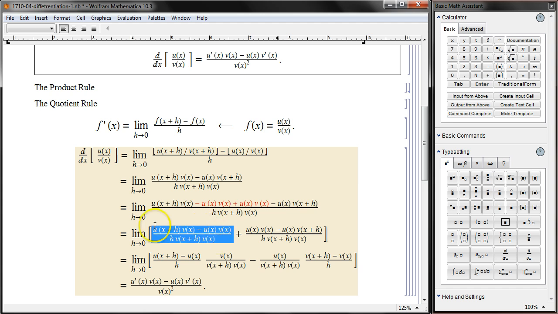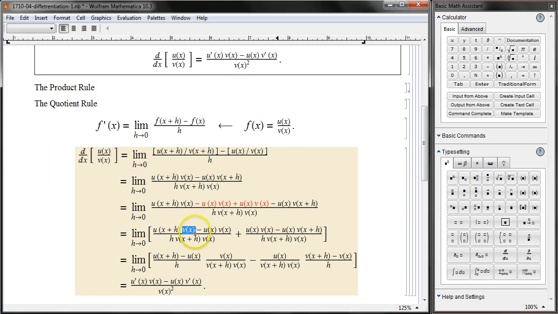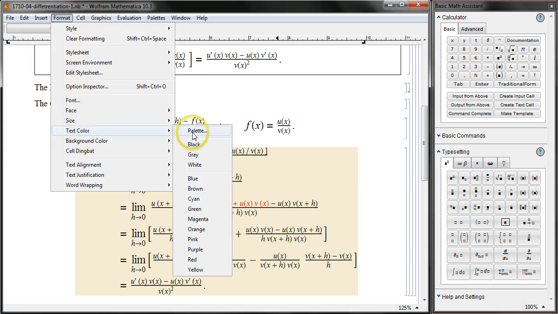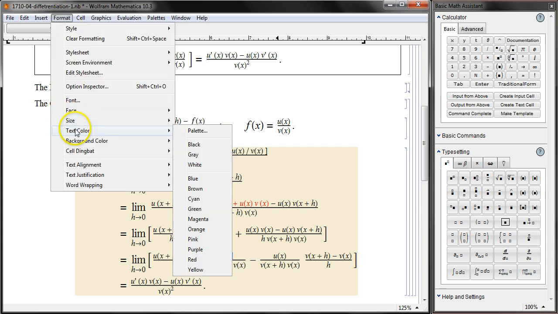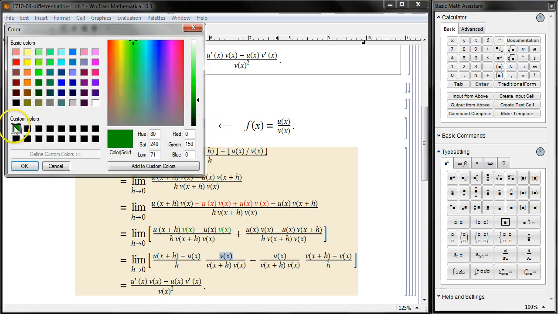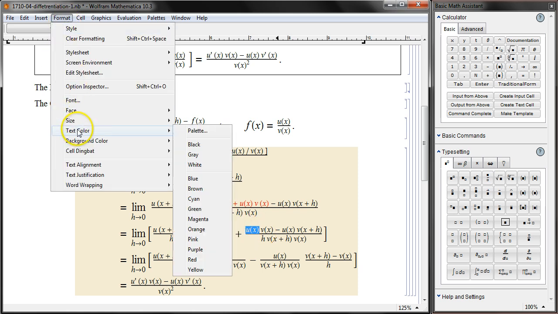In the first fraction, do you see some common term there in the numerator? I hope you can see this v of x, and then this v of x here. You see? Consequently, I can factor that one out. How about from the second? This time u of x is common.